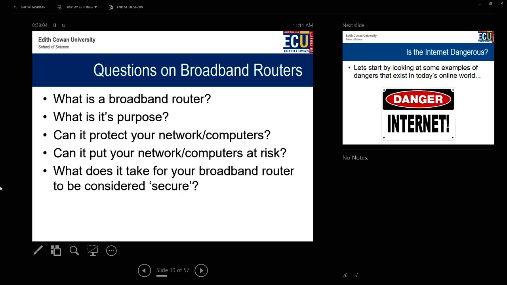I can use your internet, change the security settings in your broadband router, redirect the traffic, and do all sorts of things. So you need to change your default settings, at least for your broadband router, because that is the single entry point in your home.